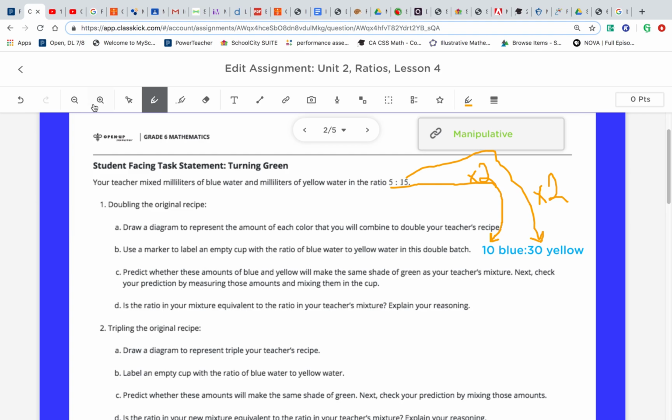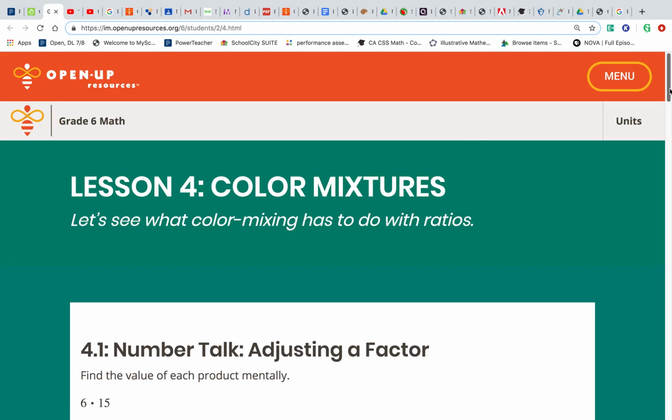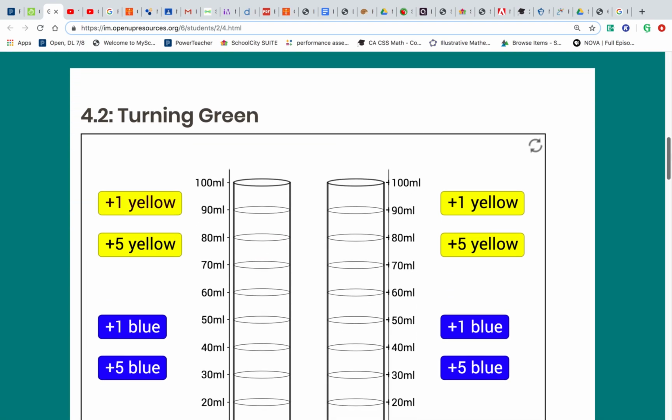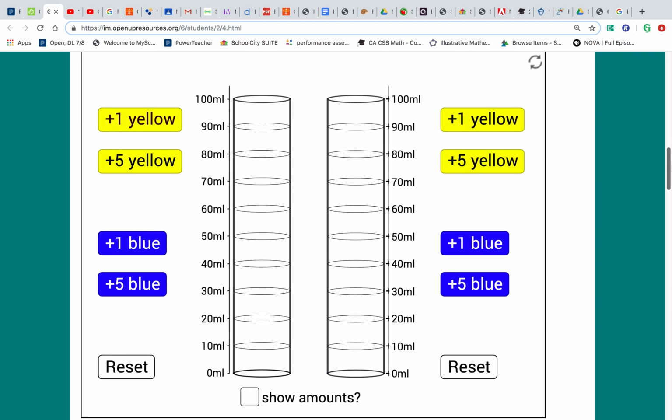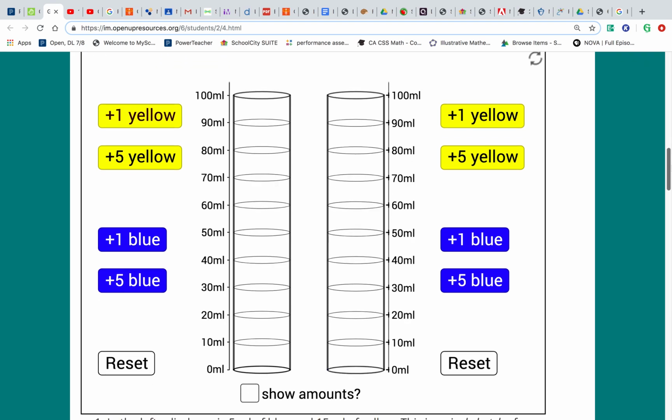If you click on the link to the manipulative, you're going to scroll down a little bit to turning green, 4.2, turning green. The way it works is you select the amount of each ingredient that you want, and then you look at the color and see what it is. I'll go ahead and click show amounts as well here. Right now we don't have anything, of course.